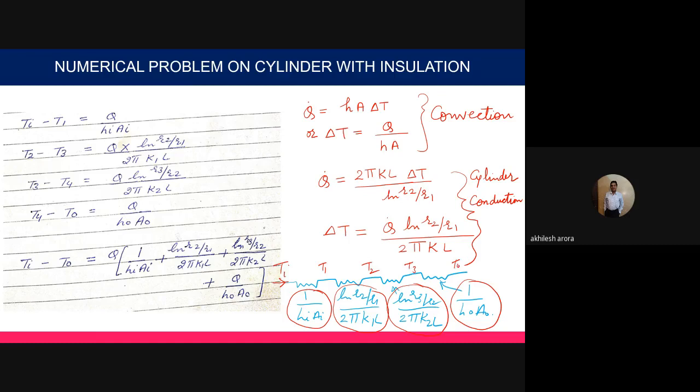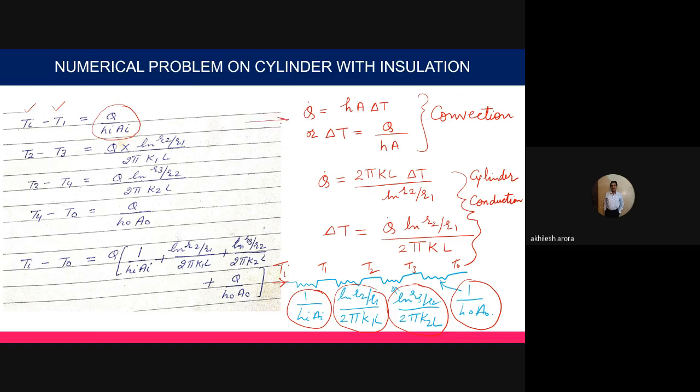So if we take the first case, that means if I am considering the first resistance, then I can always say that Ti minus T1 will be equal to Q upon HiAi. And how this equation has been written is shown here.